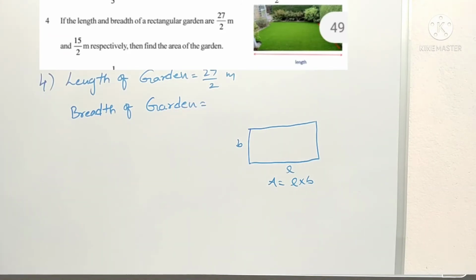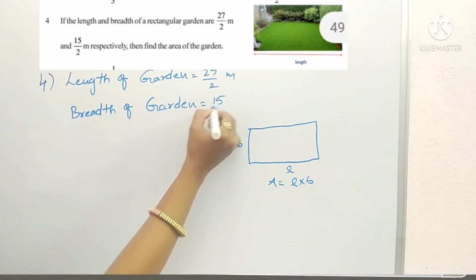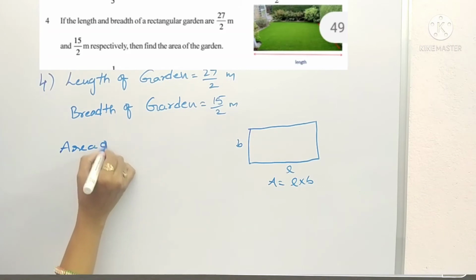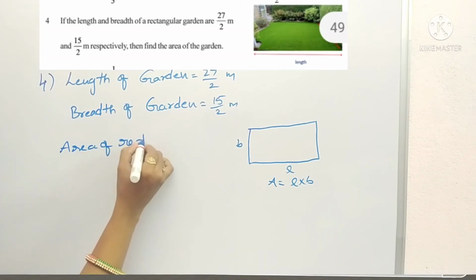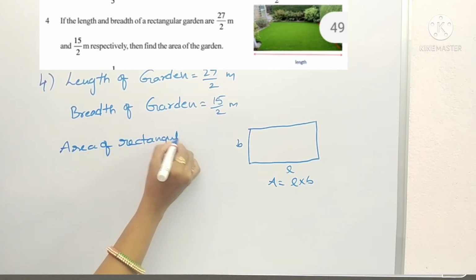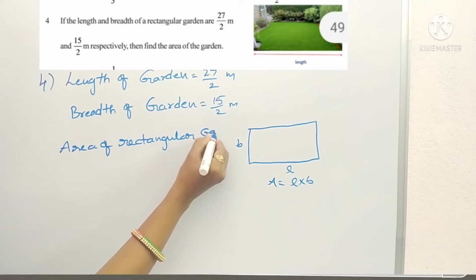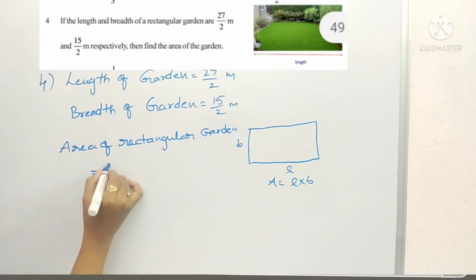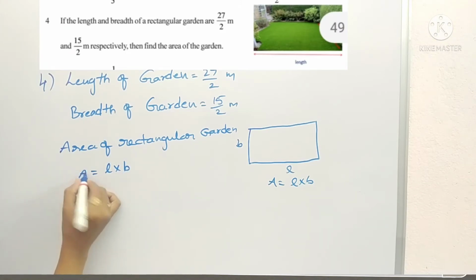Breadth of garden 15 by 2 meters. Now we have to find out area. Area of rectangular garden is equal to L into B, A equal to L into B.